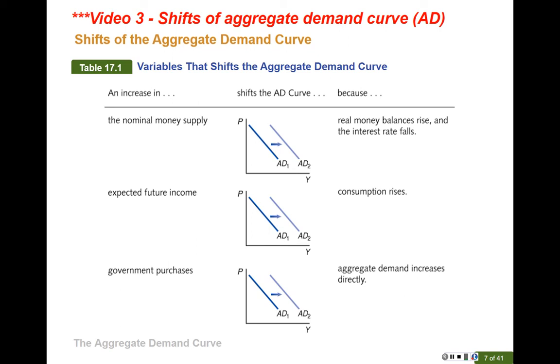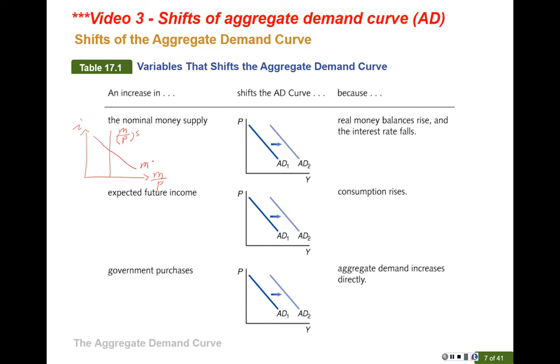We have to rely on the model we learned previously, the liquidity preference model. In the liquidity preference model here, interest rate, real money balance. And we know real money supply, M over P, is a vertical curve.